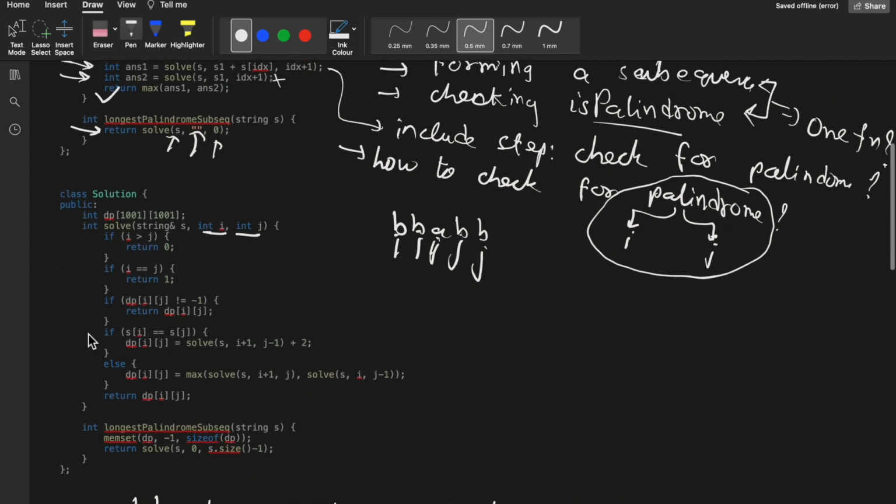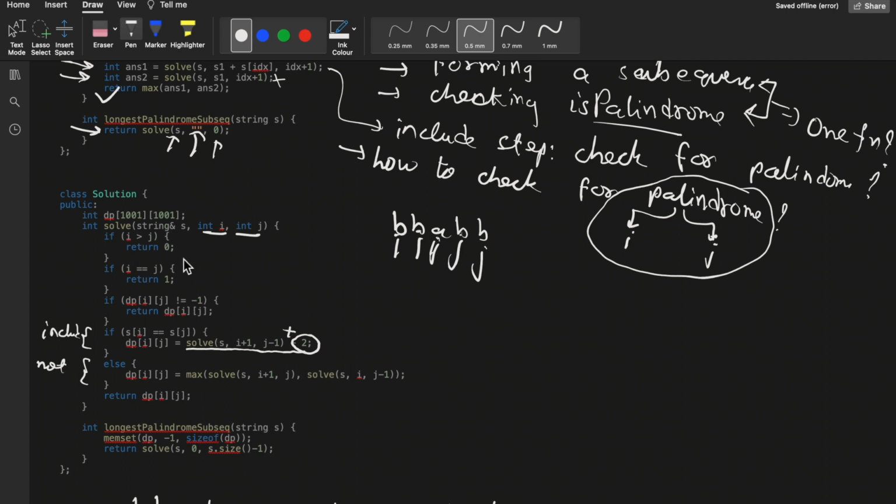Okay, so first take a look at this step. This is the include step, and this is not include. In the include step, just focus here. See, if the character at i position is equal to the character at j position, that means by including these characters i and j, we can form a palindrome subsequence. And since we are including two characters at a time, we are adding 2 to our answer, right?